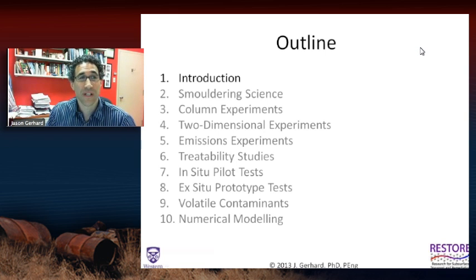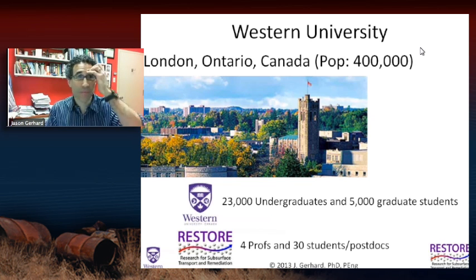So we're going to start out at the introduction, number 1. And I just very briefly want to take the chance to introduce you to Western University in case you haven't heard of it. We're one of the larger universities in Canada. We're in the second largest city in Ontario, one of the most populous provinces in Canada, and the population of London is about 400,000 people.